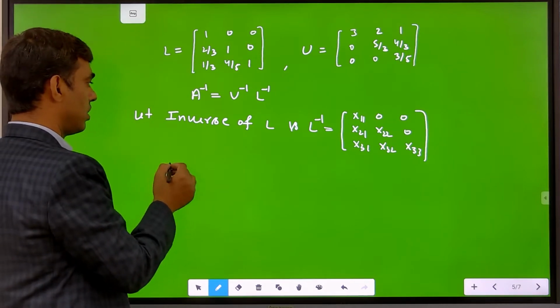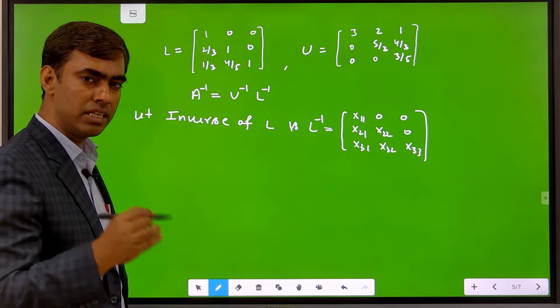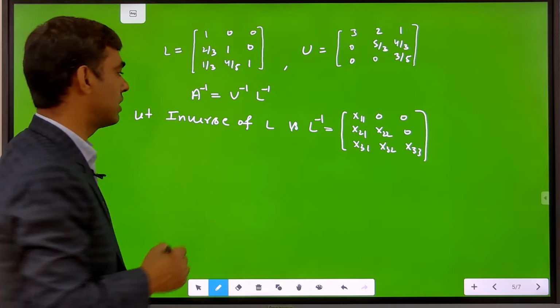So we know that the multiplication of a matrix and its inverse becomes the identity matrix.